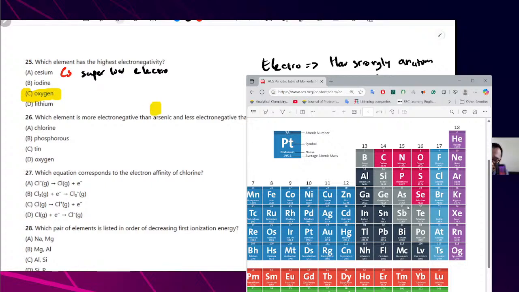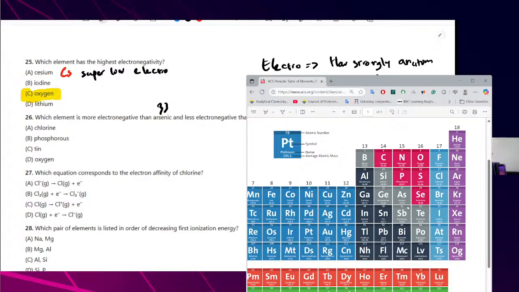And less electronegative than sulfur: sulfur is in group 16.